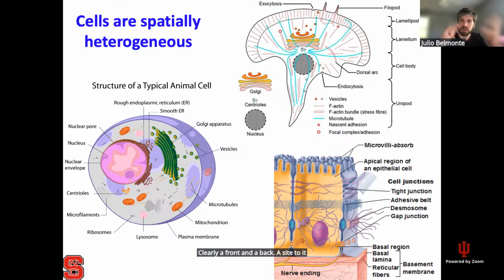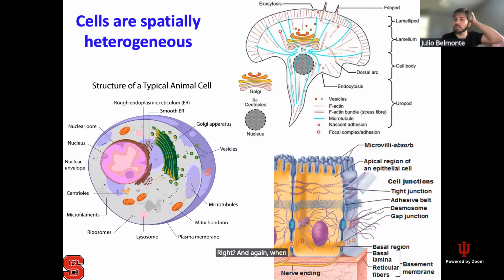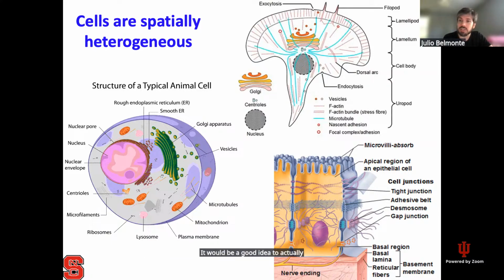It has a lamellipodium on the front, or maybe a filopodium, protruding and crawling on the substrate or across other cells. So the properties of your cell when you model in CompuCell3D, you probably want to make different in the front versus in the back. And again, when the cell is crawling, the nucleus might be an important factor, so it would be a good idea to model the nucleus explicitly in your cell.